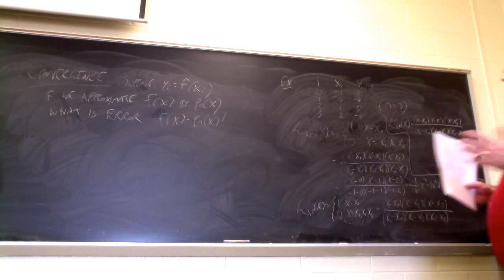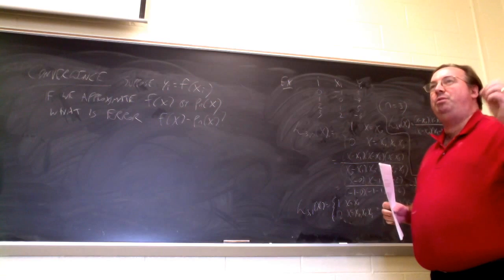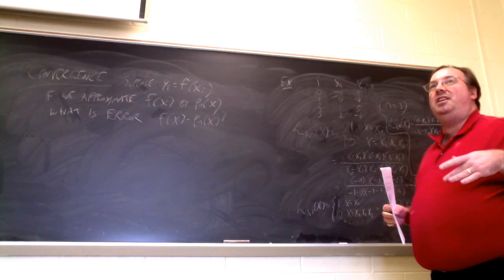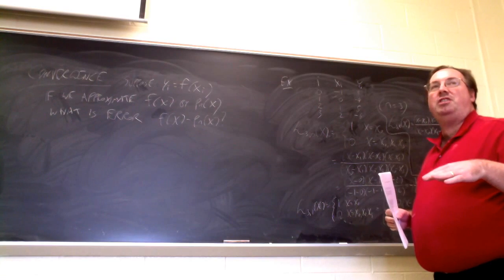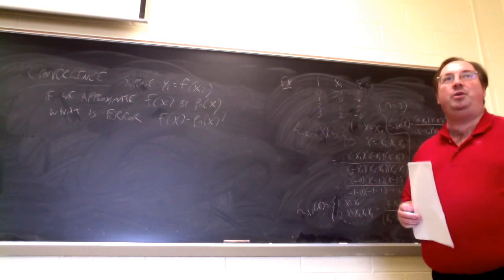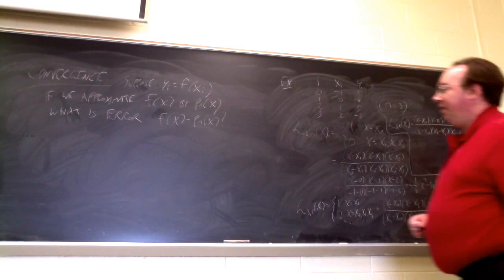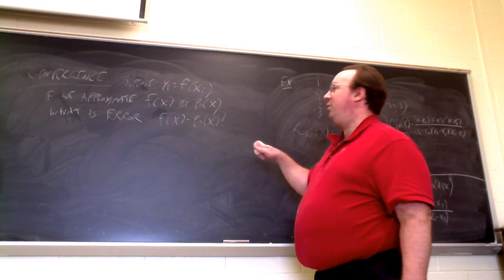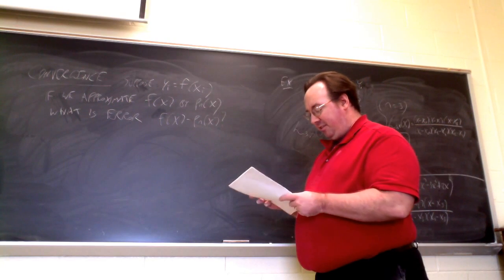If we know that Pn of x agrees exactly with f at the given x values, but we plug in some other x, just because it fits f exactly at those points, is it a good approximation of f at other points? We hope so. But we're going to find out that's not always true. We want to have some sort of formula that gives us some indication of what this error is.